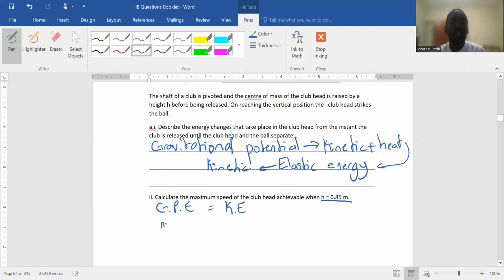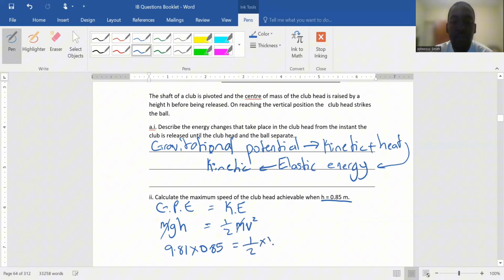And therefore, the mgh at the top of the flight is equal to half mv squared at the bottom when it's about to hit the ball. The masses can be cancelled because they're the same mass, the club. Gravitational acceleration, 9.81, times the height, which is 0.85, would be equal to half times velocity squared. And that's what we need to find, the velocity squared.